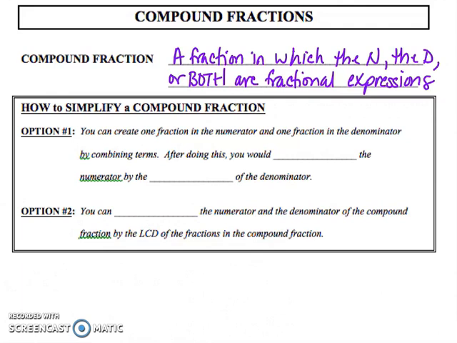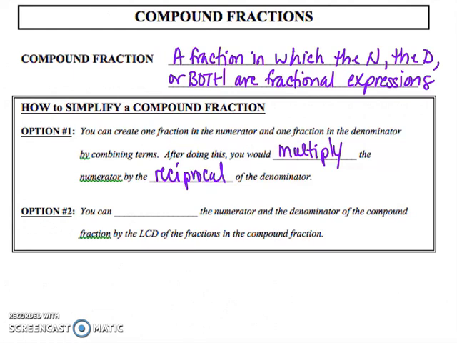Now, there are two ways that I'm going to teach you to simplify a compound fraction. Option one is that you can simplify it in pieces. You work on the numerator first and create one fraction in your numerator, then create one fraction in your denominator, and then multiply the numerator by the reciprocal of the denominator.